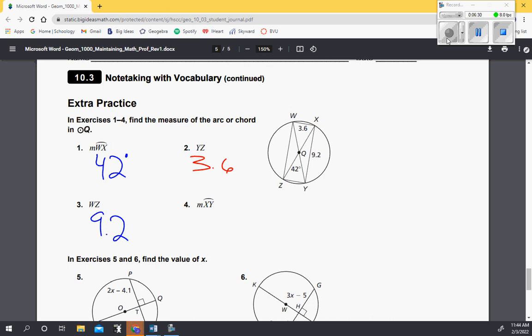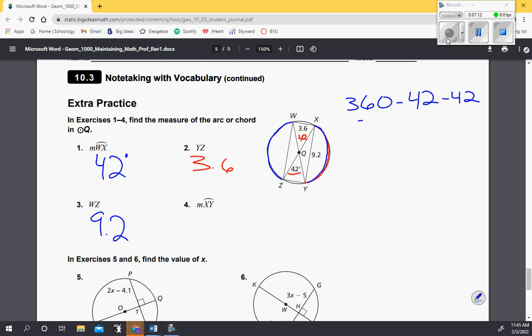And number 4, the measure of arc XY, from X to Y. So we have to do a little bit more math here. We know that this is 42 degrees here. We know that this is 42 degrees here. This arc has to be congruent to this arc, because we have congruent chords there. So what we have to do is take 360 and subtract from what we have already.